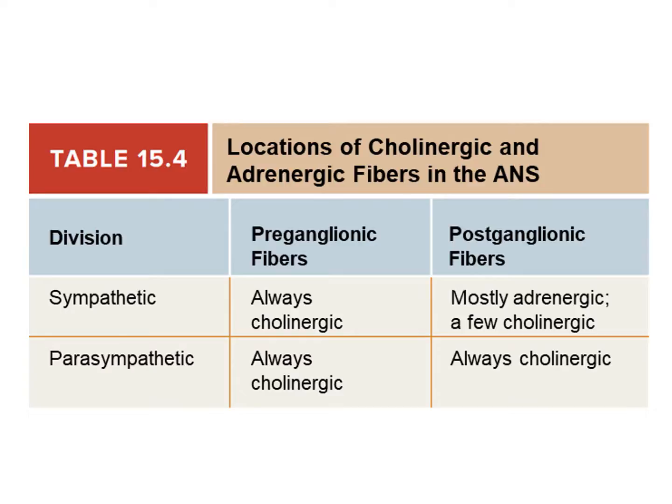Postganglionic fibers of the sympathetic nervous system can be mostly adrenergic, meaning they secrete norepinephrine or epinephrine. But there are a few postganglionic fibers of the sympathetic nervous system that secrete acetylcholine.